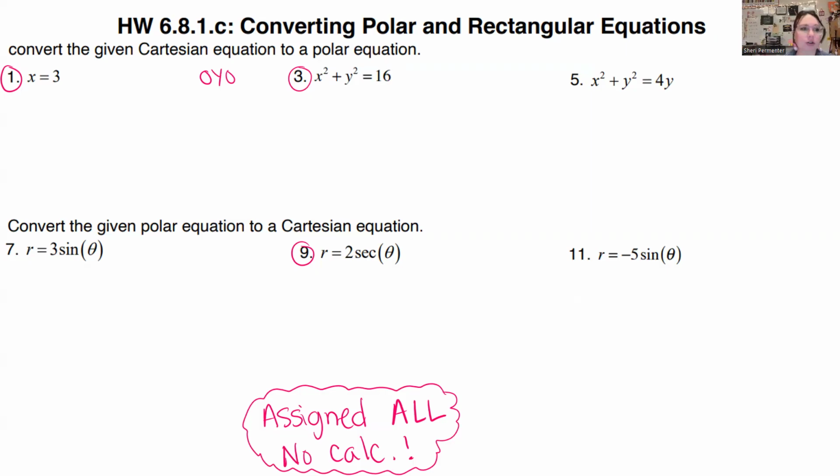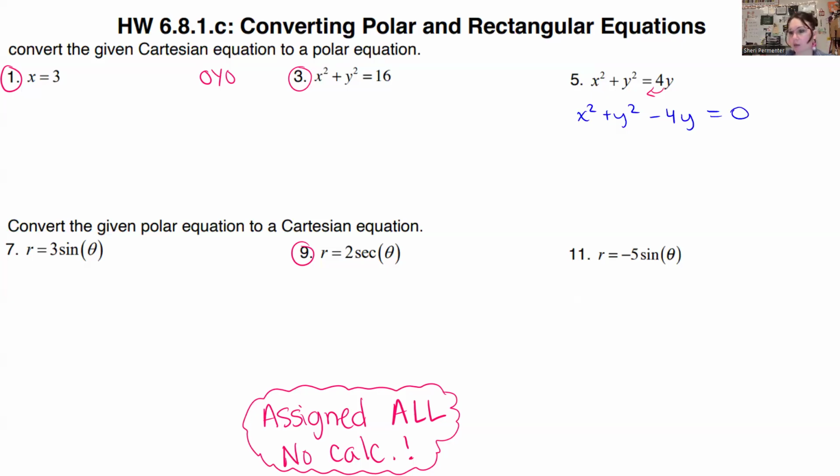So the first thing that we're going to do is bring all the x's and y's to the same side. So we're going to bring over and subtract 4y to the other side. So we get x squared plus y squared minus 4y equals 0. And then from here, I'm going to do some conversions.